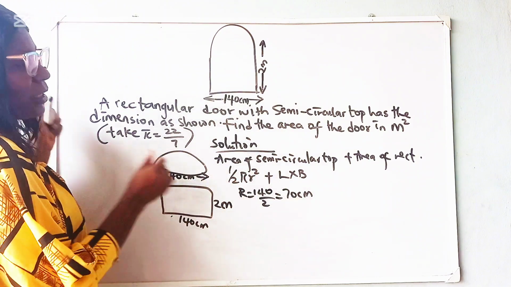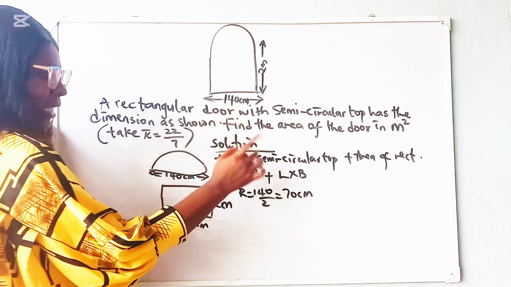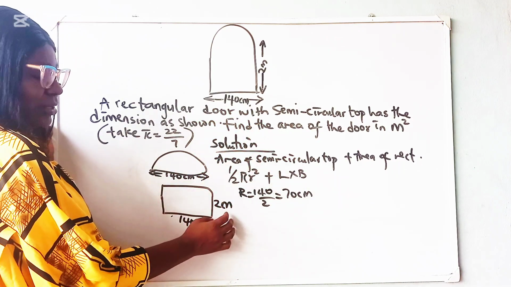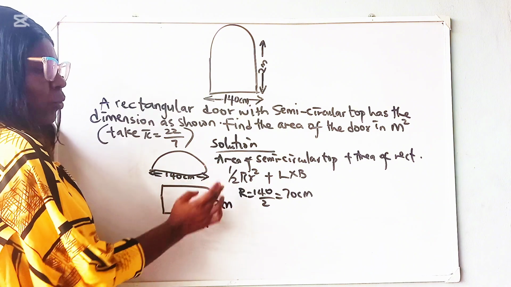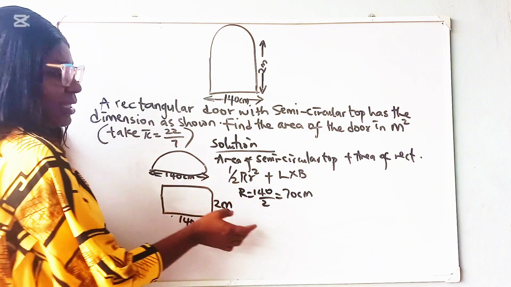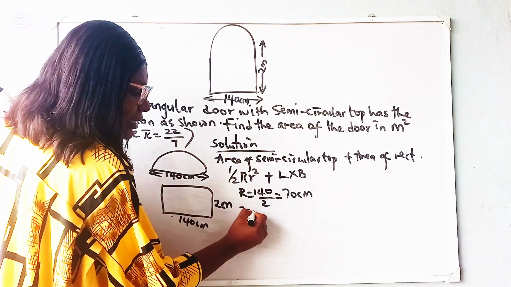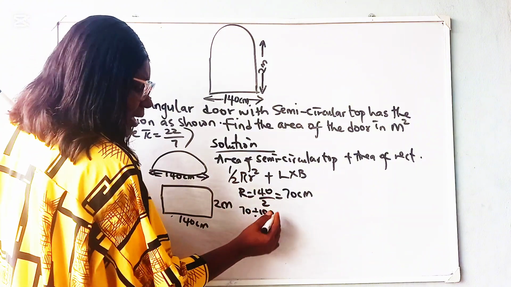Before we proceed to solve, we're going to change this 70 centimeter to meter, because we want to make sure that all the numbers are in the same unit, so one will not be in centimeter and the other in meter. So 70 divided by 100, because 100 centimeter make 1 meter.